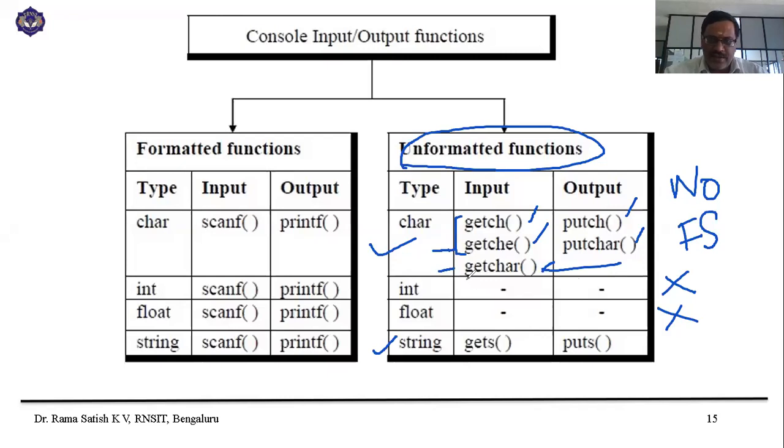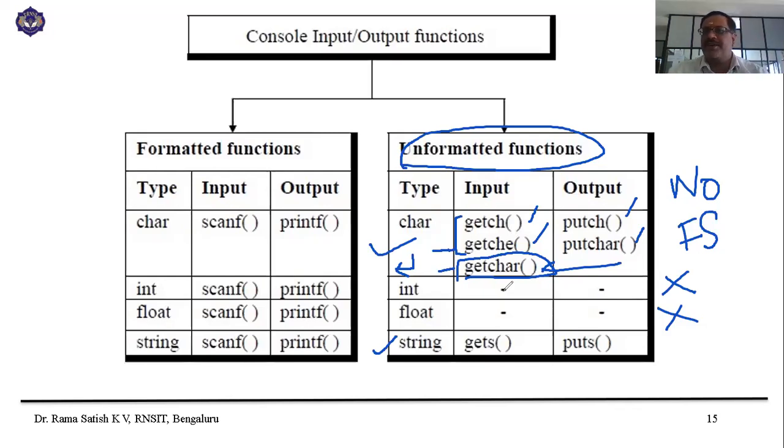That means until you press the enter key, whatever input you have typed will be stored in a temporary memory of your keyboard called the buffer. Once you press enter, from the buffer it goes for further processing. Okay, that is getchar.